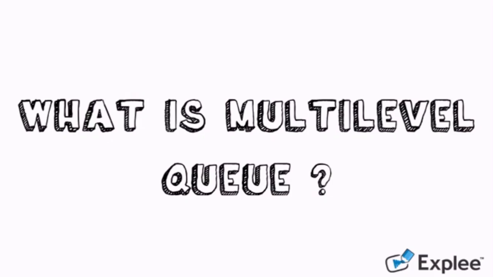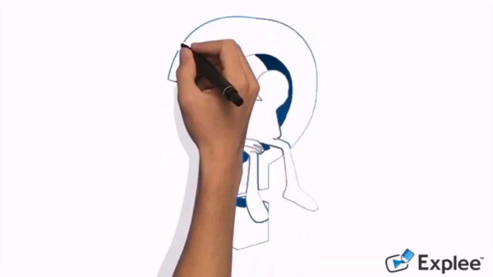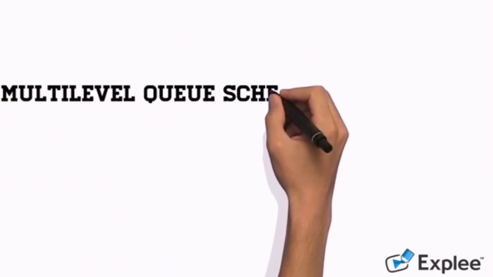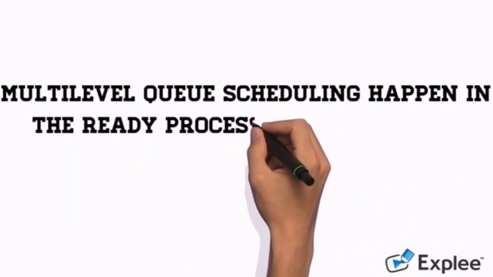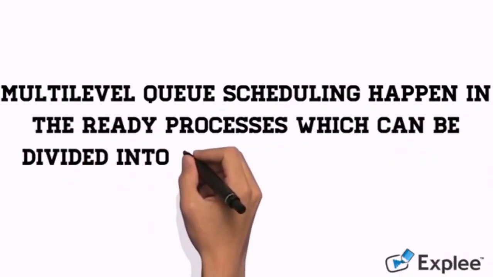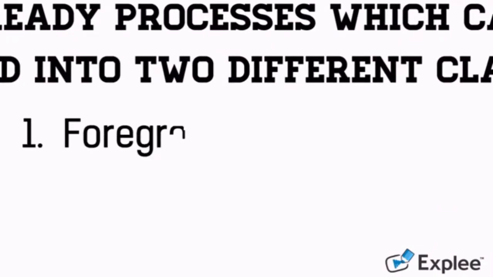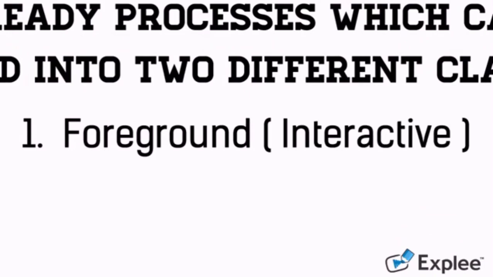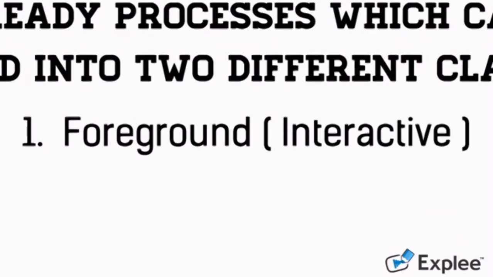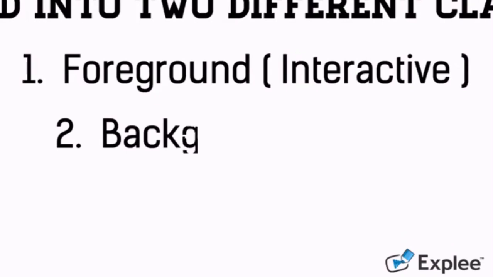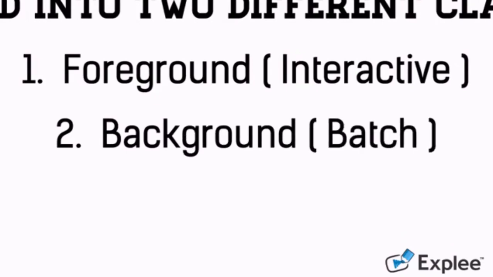What is multi-level queue? In multi-level queue scheduling, the ready processes can be divided into 2 different classes: foreground and background.